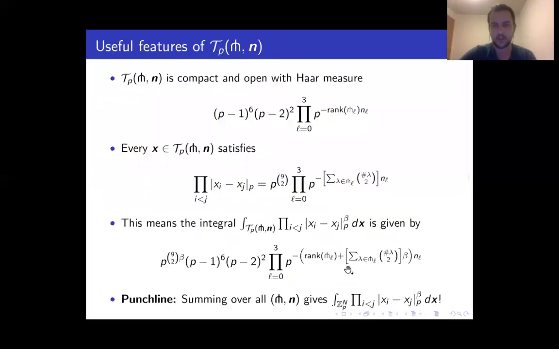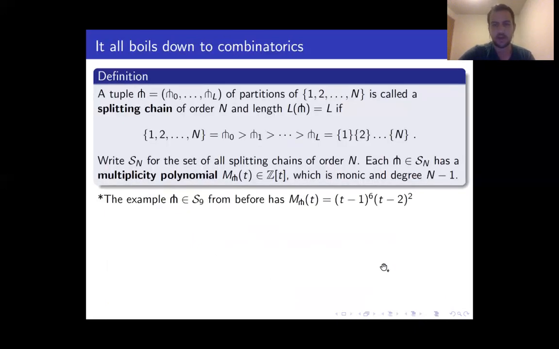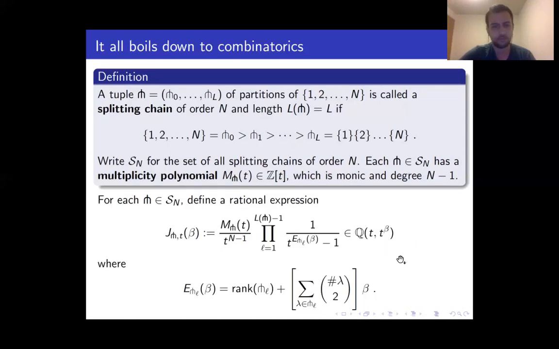So it's really just shorthand for that quantity that we saw in that exponent before. So these new things that we're defining have some motivation. All right, so I've got some rational expressions, and they are determined by splitting chains entirely. I want to point out an important fact here. None of the things on this slide depend on the prime. So these things are purely combinatorial.